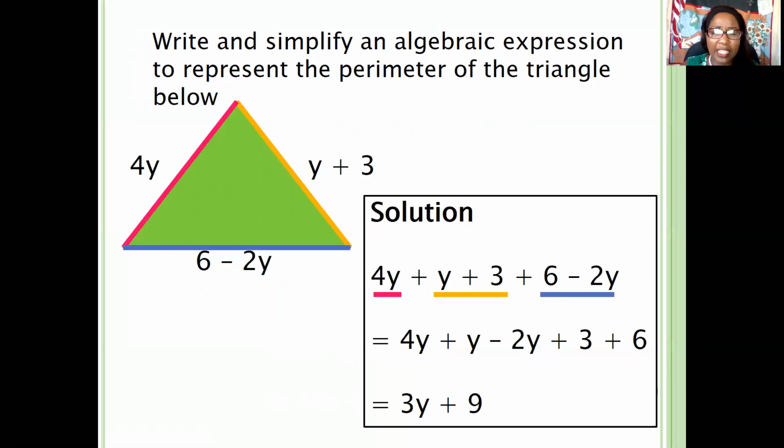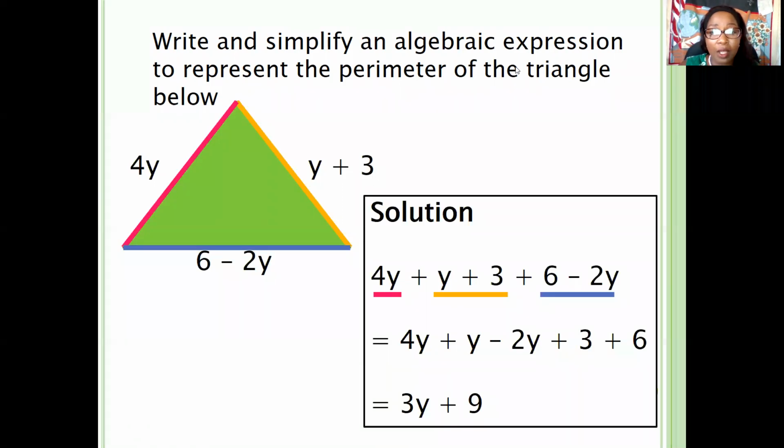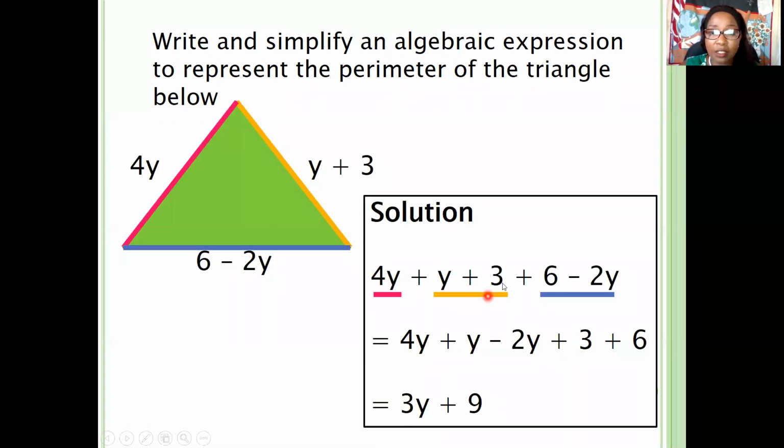So I have 3 sides. I have 4y, plus y plus 3, plus 6 minus 2y. Now, let's go back to what we learned in this lesson. We're going to be collecting like terms. The first term is 4y.